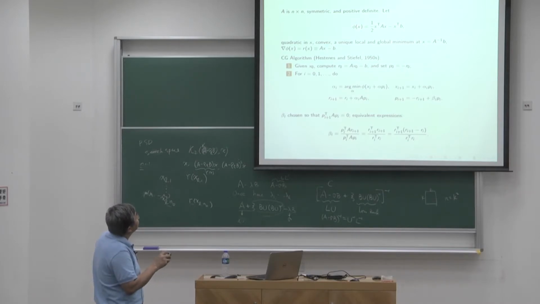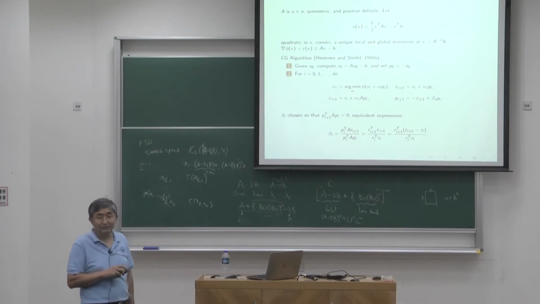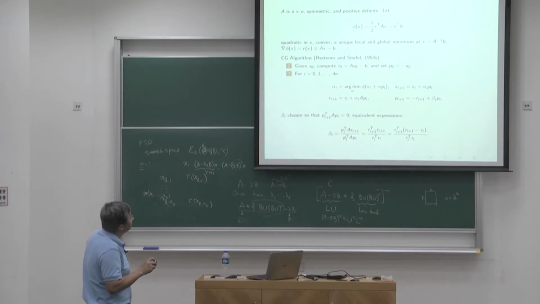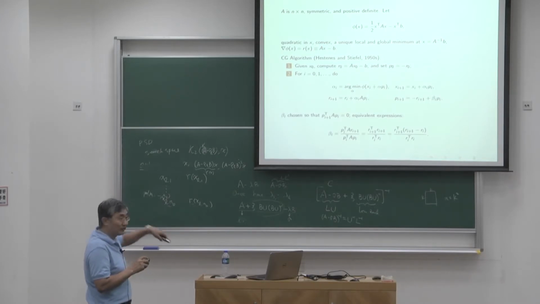It transforms a linear system into a quadratic functional, and this is a convex function when A is SPD. The solution is unique, and the gradient of this function is the residual. Steepest descent will go along the residual, but here it introduces a set of directions P, which are conjugate with respect to A, or you can say A-orthogonal.